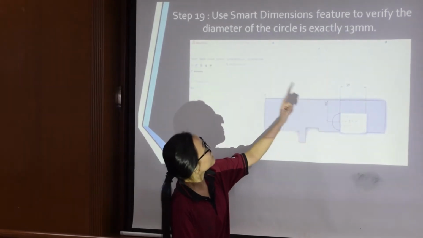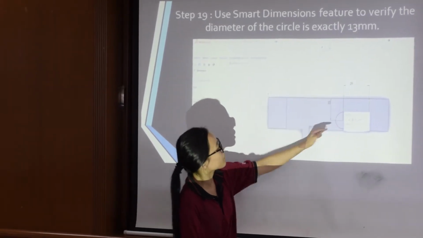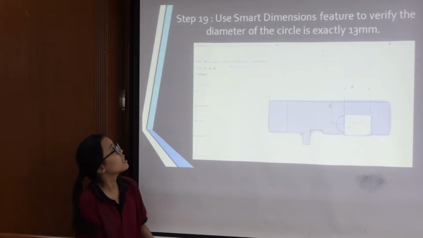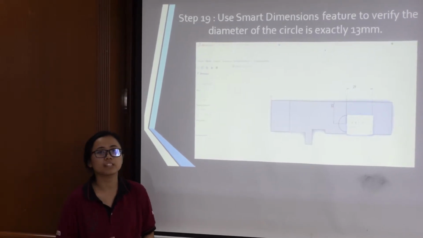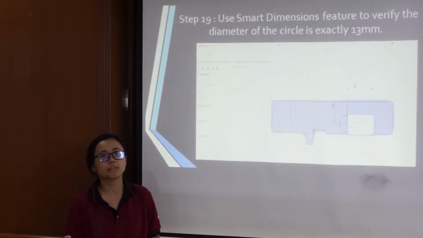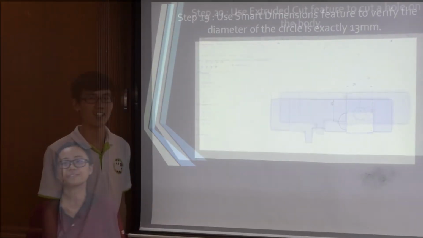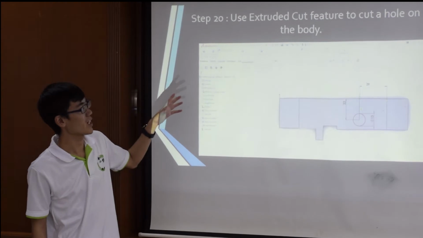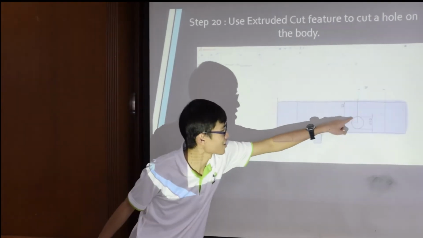After that, we use the smart dimension to verify the circle to make sure the diameter of the circle is exactly 30 mm. Okay, next we are going to make a hole out of this circle.